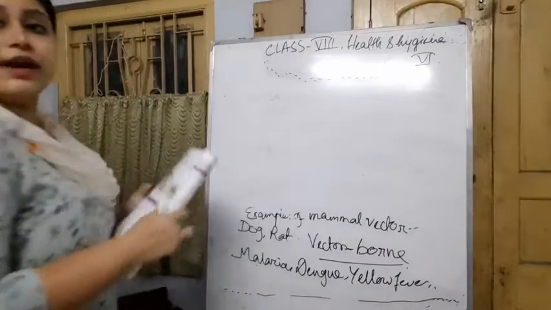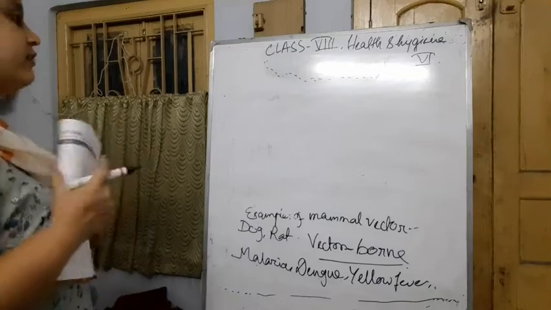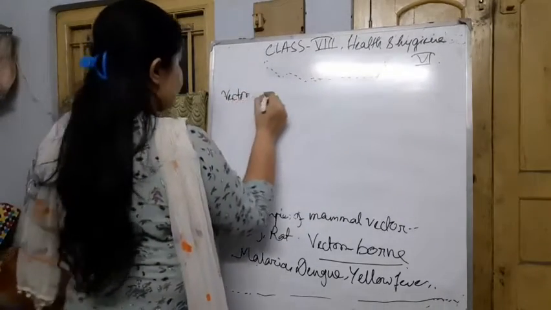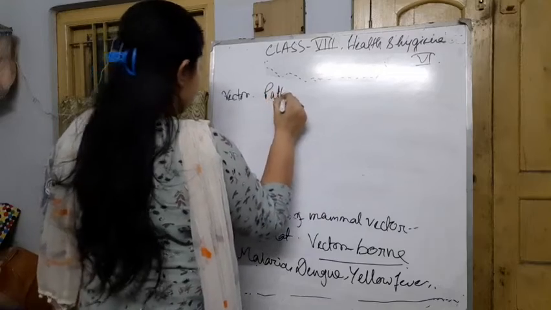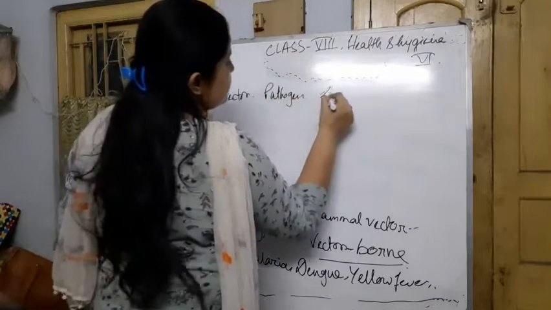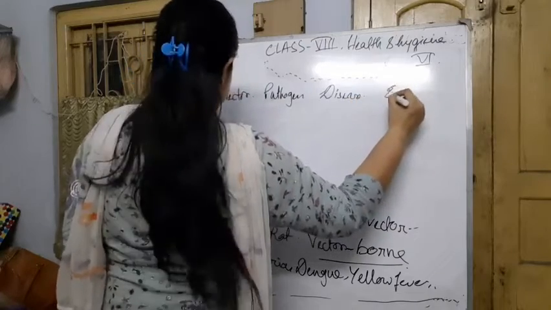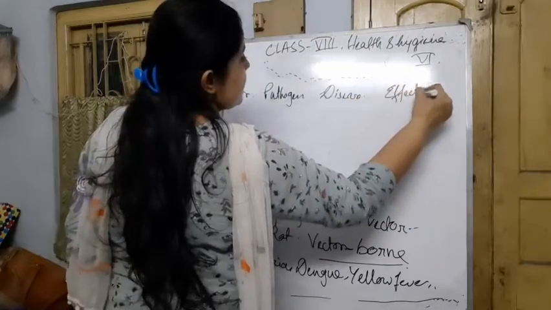We will write this like a chart. The first column is the vector name, next is the pathogen name, then the name of the disease, and then the effects and symptoms.